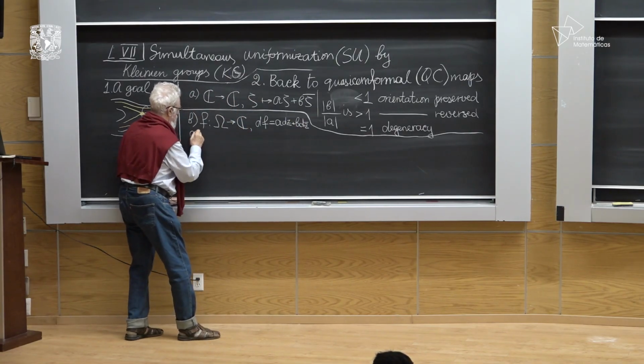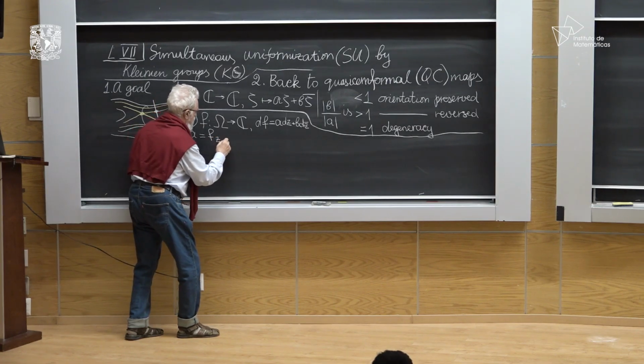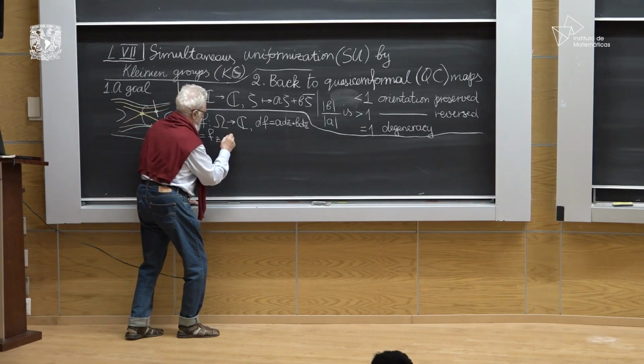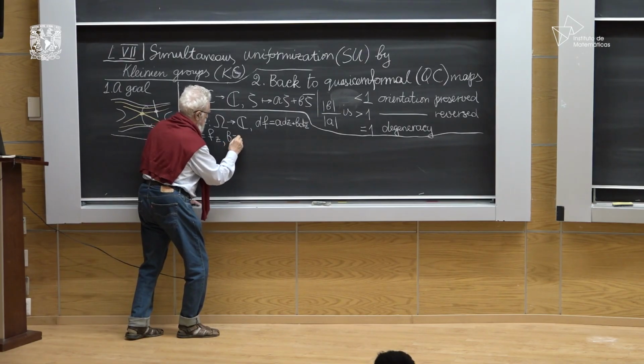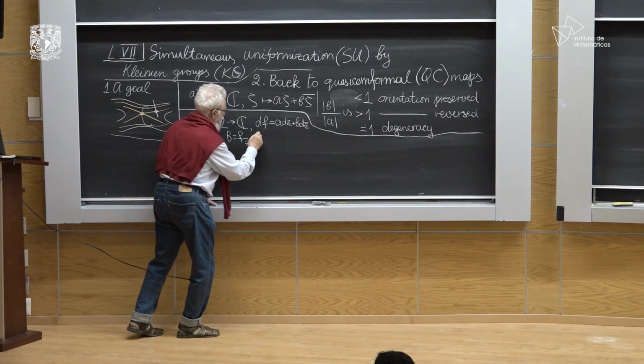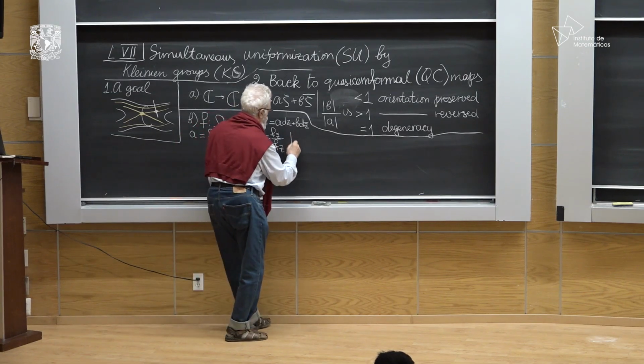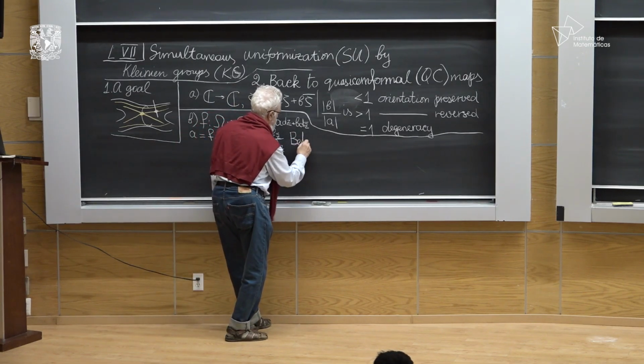A is called the derivative of f by z. B is the derivative of f by z bar. Their ratio is the Beltrami coefficient.